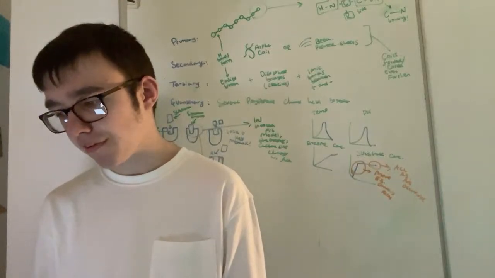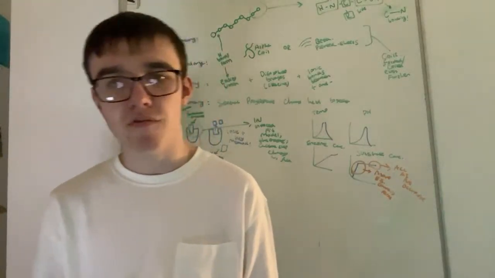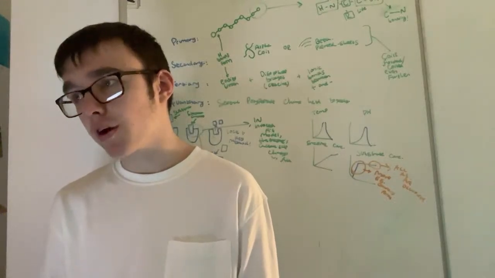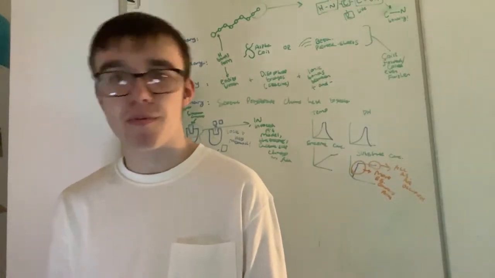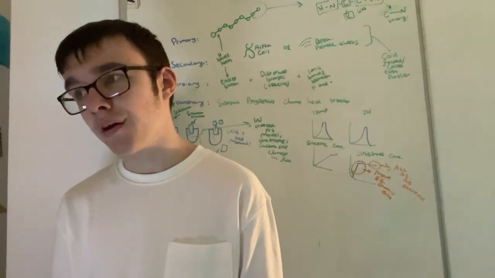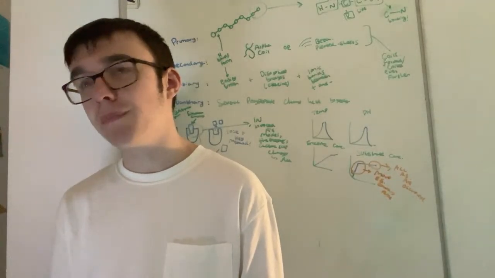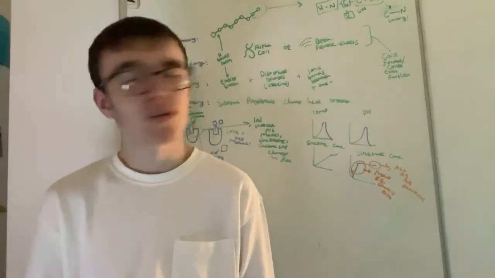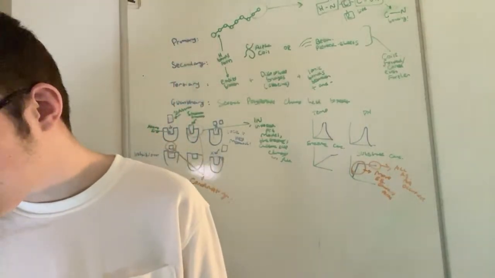If it's a competitive inhibitor, it will bind with the active site because it's complementary, but a product will not be created. An enzyme substrate complex will not be created, so there will be no weight gain because no glucose is being formed, no sugar is being formed.